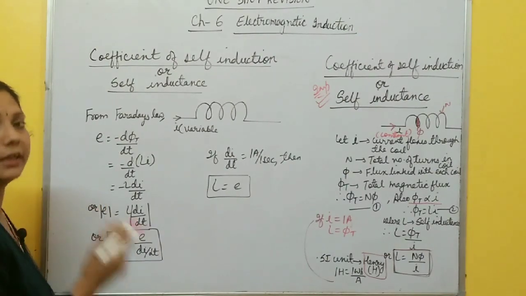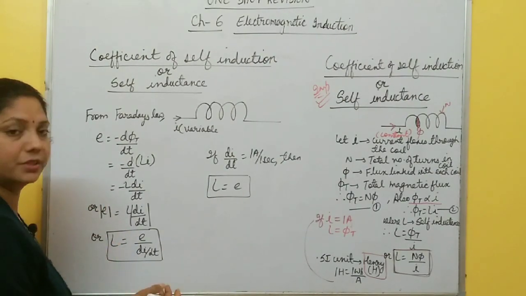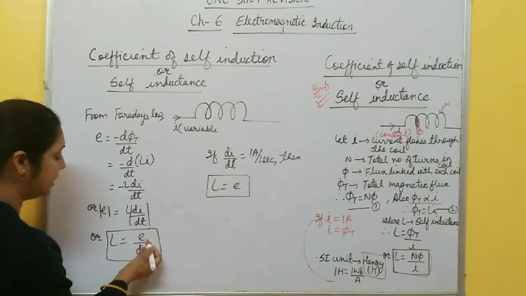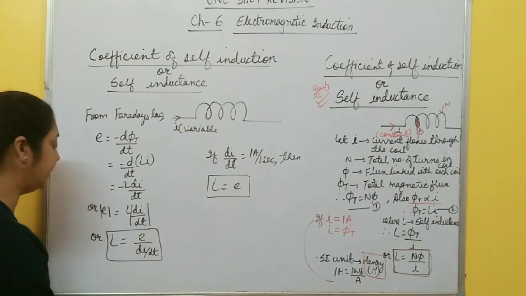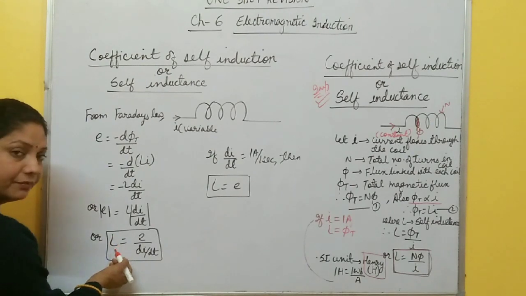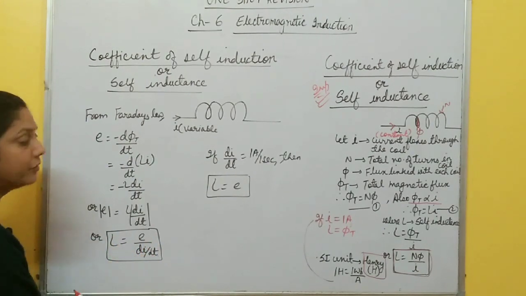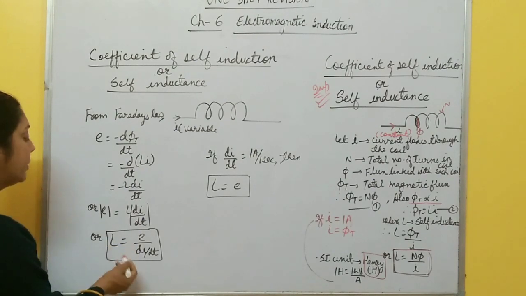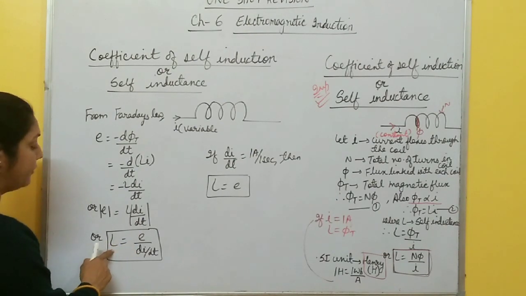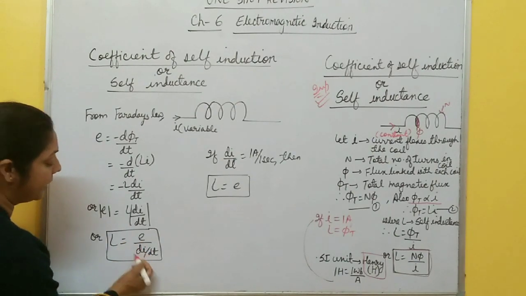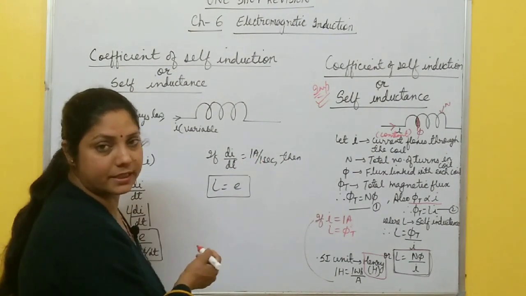The negative sign shows the direction of induced EMF or induced current according to Lenz's law. So from here, L becomes E by di by dt. The coefficient of self-inductance is equal to the induced EMF by the rate of change of current. From here also you can define it in terms of induced EMF. What happens if di by dt equals 1 ampere per second?